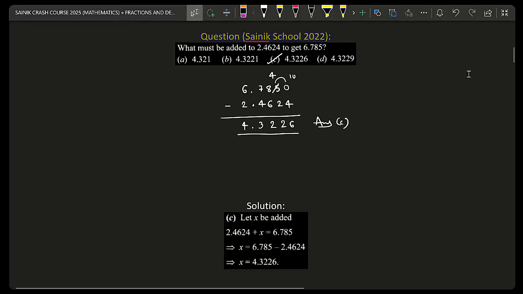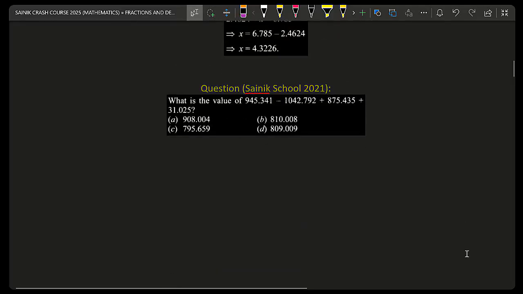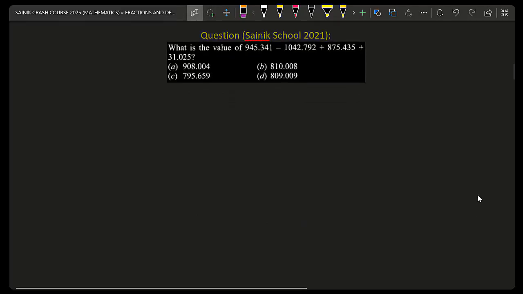I hope everybody copied. Next question is this. What is the value of the given expression? All of you, take 2 minutes and try this and be ready with your answer. If you want to give the answer, raise a hand.